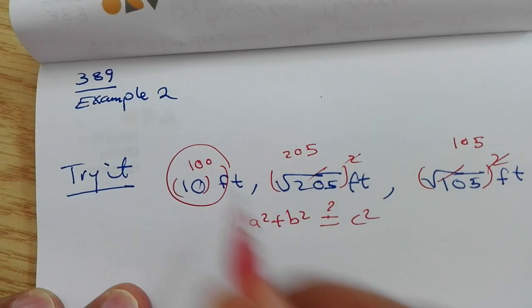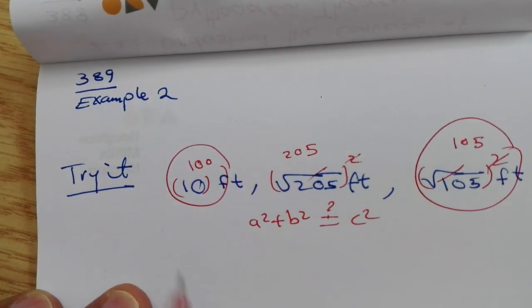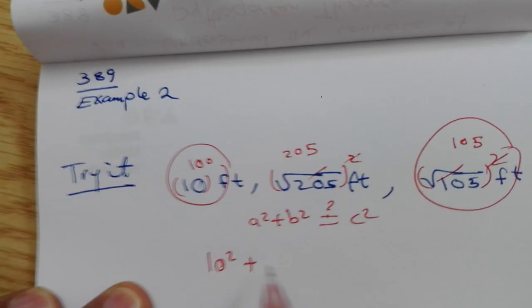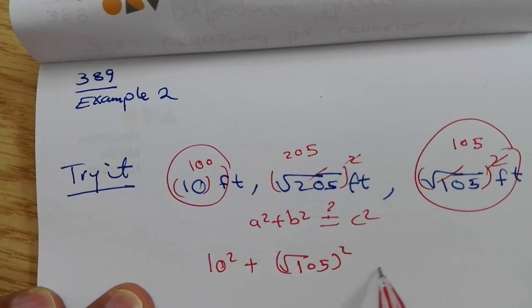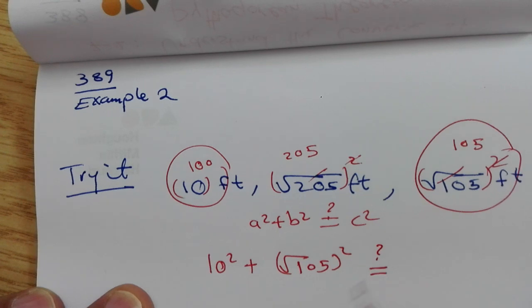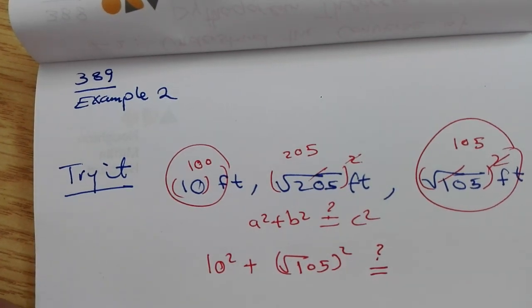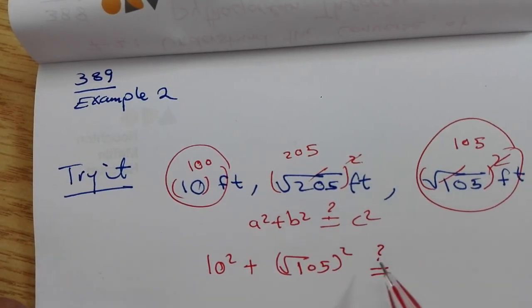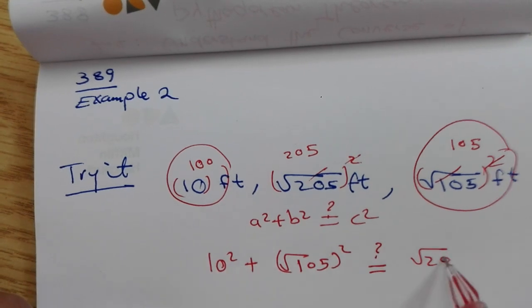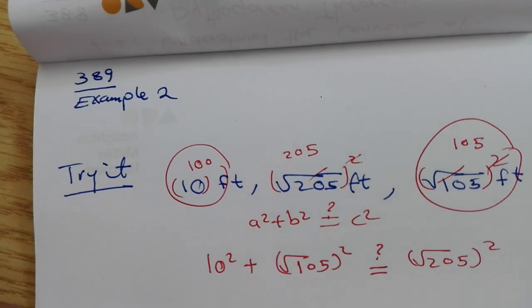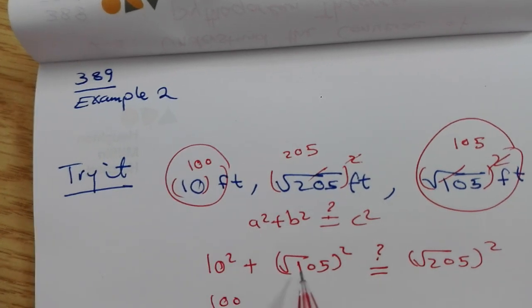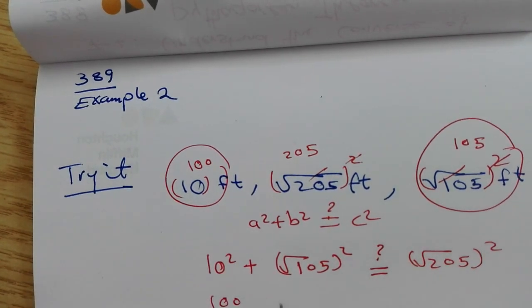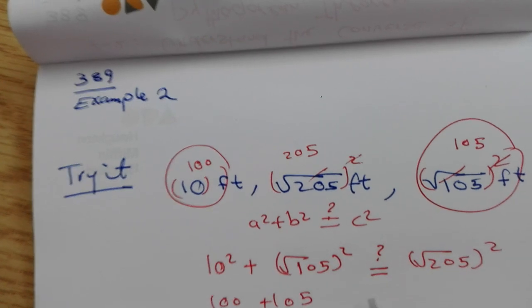Okay, take these quantities and find 10 squared plus root 105 squared. Does this quantity equal root 205 squared or not? Of course, we said that 10 squared is 100, and this number squared is 105, so plus 105.